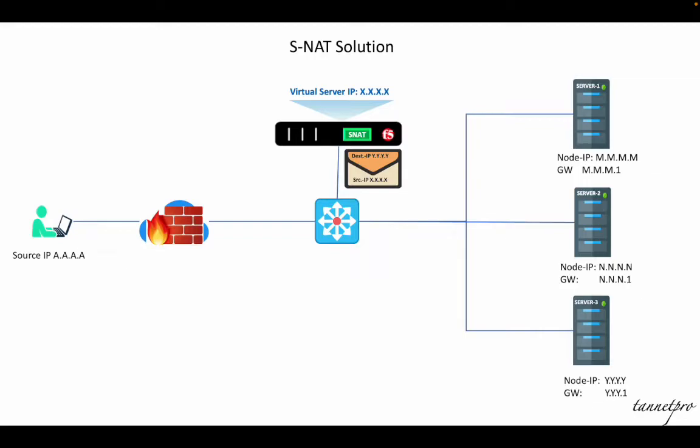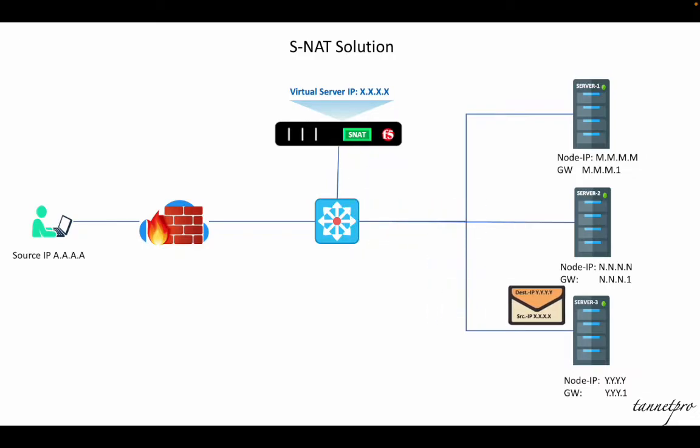In place of a.a.a, it will change the source to x.x.x, while the destination is chosen by your load balancing algorithm, whichever server is available. It will send to that particular server. Here I have given the example of y.